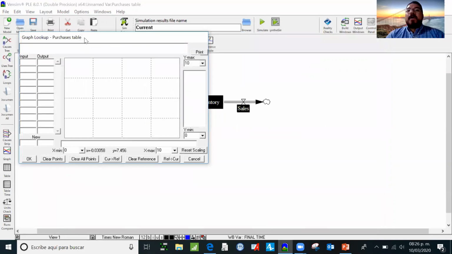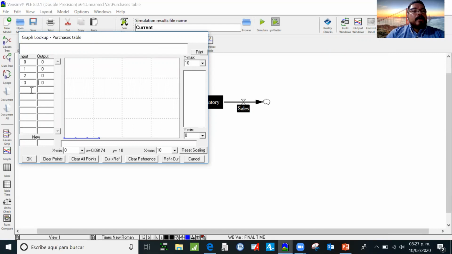Okay, so now it opens a new window, and here, always when we are analyzing a lookup variable, a variable that we can graph or establish as a table, we need to start with the 0 point, with the 0 point in time. So when the time is 0, we are not going to buy. Time 1, we're not having any purchases. Time 2, we're not having any purchases either.